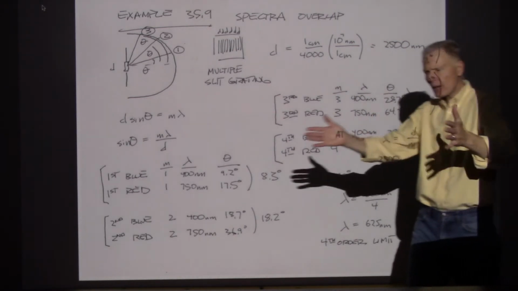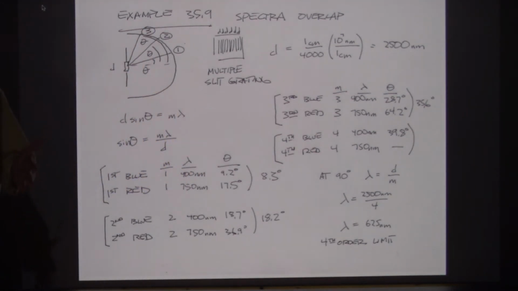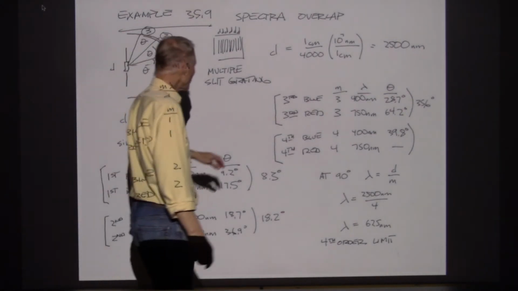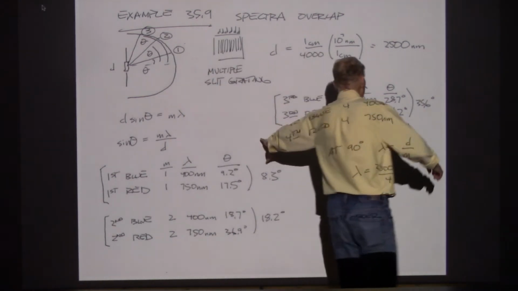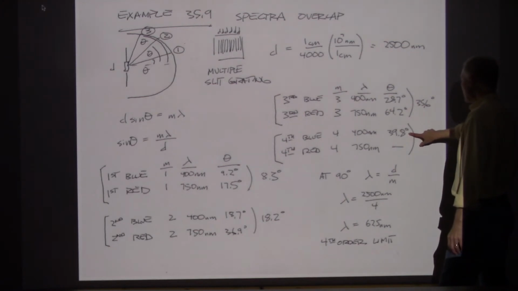So if I want to be able to use a diffraction grating and see a clean sample of visible light showing up, I have to stick with first order, because with second order, I'm going to start seeing overlap. And then when we get to fourth order, I'm not sure if they asked for this, but I went to fourth order, and that started at 39.8, so that's well into the third order.